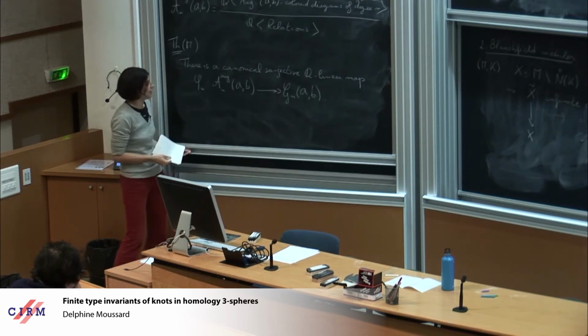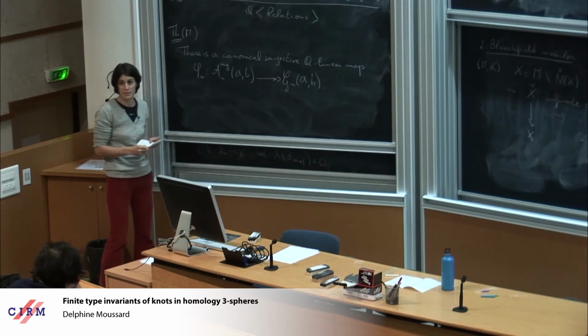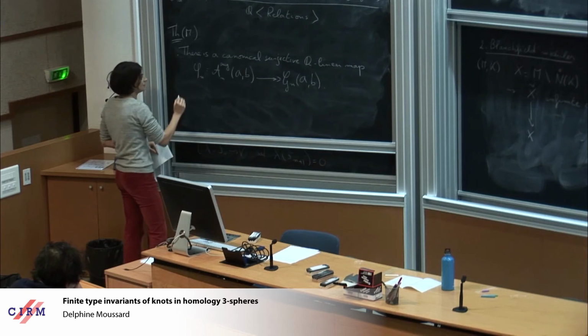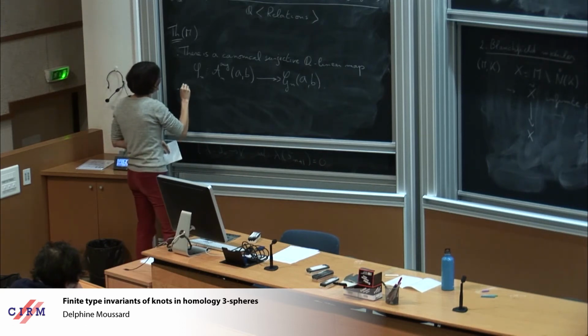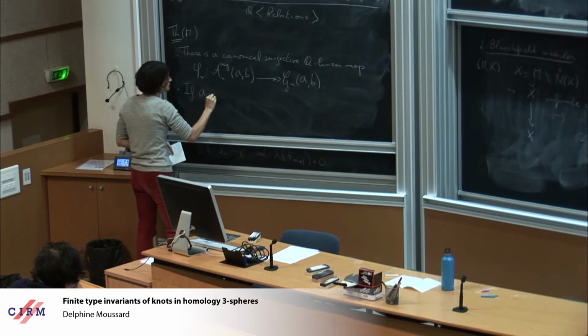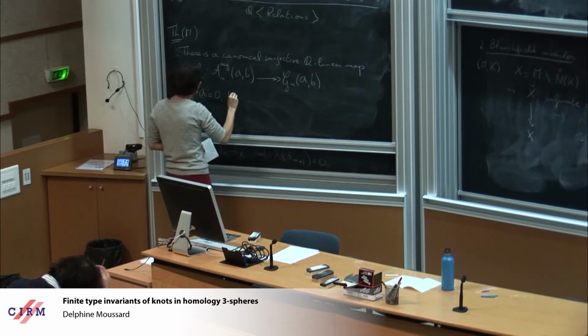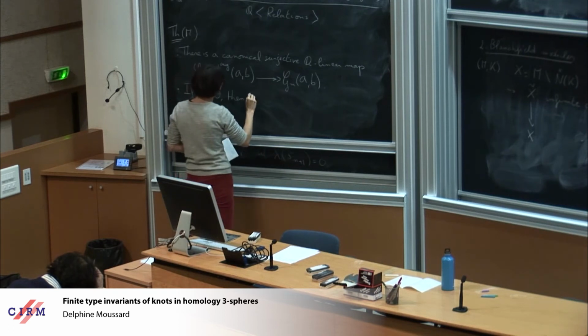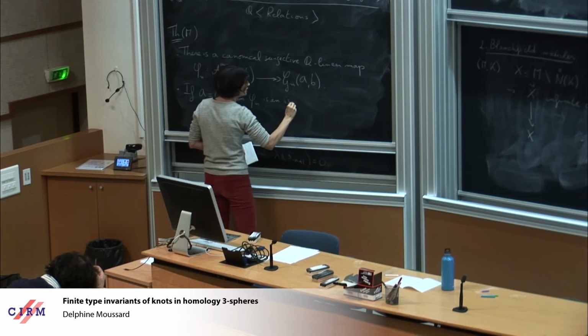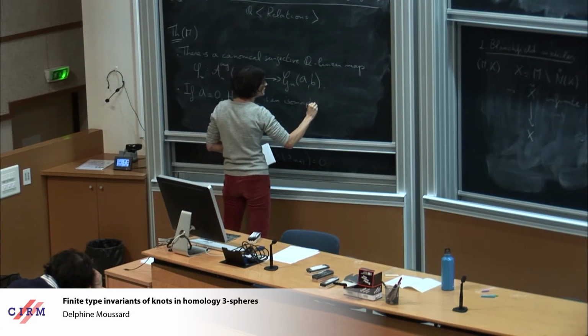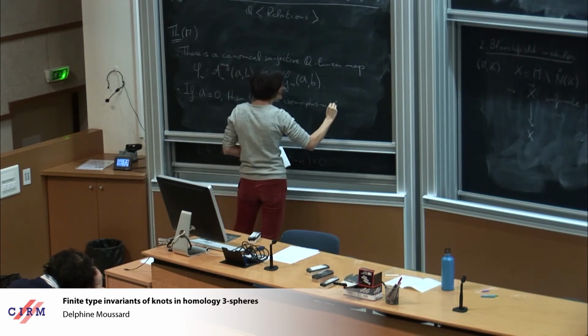Of course we'd like to have here an isomorphism, but I can state it only in some specific cases. So if the Blanchfield module is trivial, then phi n is an isomorphism for all n.